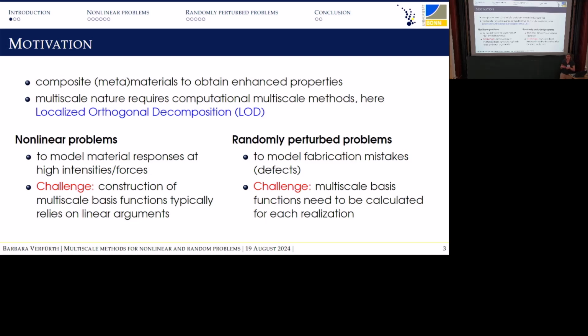And this means that you then have one multiscale problem, but that the material can have different realizations depending on what defect you have. And if you want to do some sort of assessment in the area of uncertainty quantification, you have to simulate the same multiscale model for different multiscale coefficients that are somehow similar but not the same.